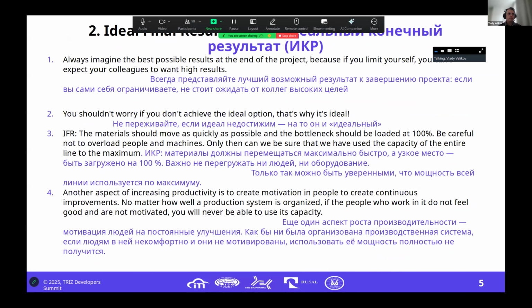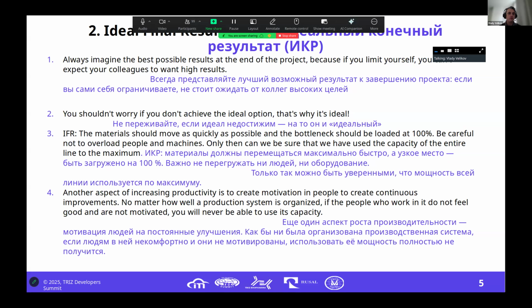After that, I create my ideal state, and first always imagine the best possible results at the end of the project. Again, this I repeat. After that, you shouldn't worry if you don't achieve the ideal option, because it's ideal. And I defined it clearly that the materials should move as quickly as possible and the bottlenecks should be loaded at 100%.